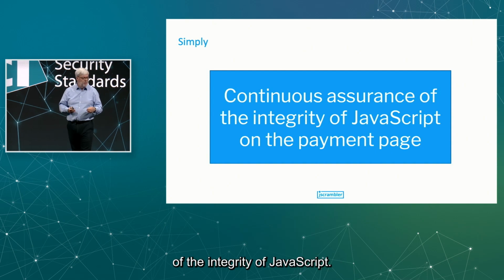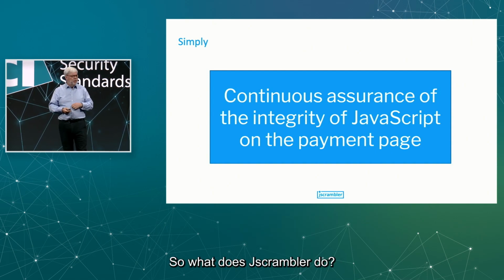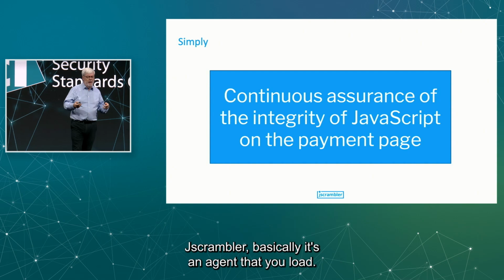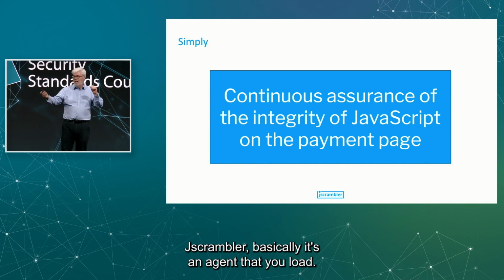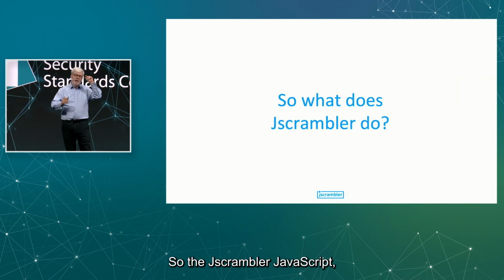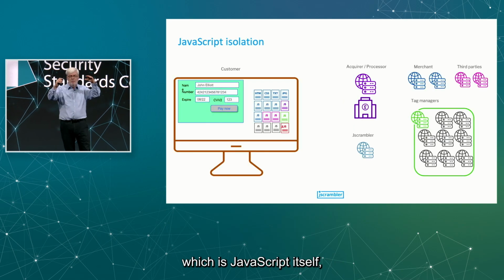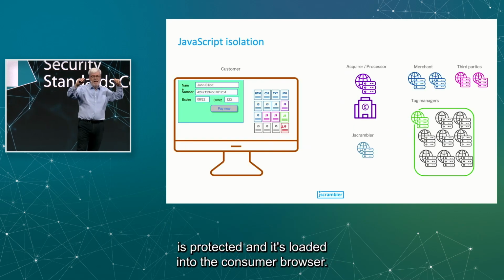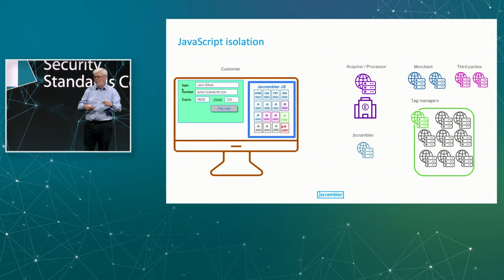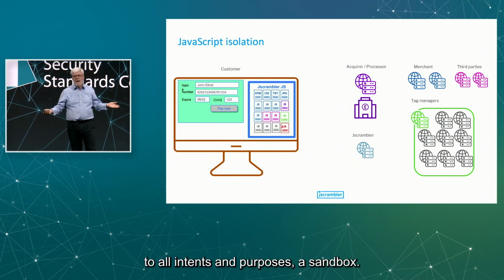integrity of JavaScript. So, what does Jscrambler do? Jscrambler is basically an agent that you load. The Jscrambler JavaScript, which is JavaScript itself, is protected and loaded into the consumer browser, and it creates, to all intents and purposes, a sandbox.